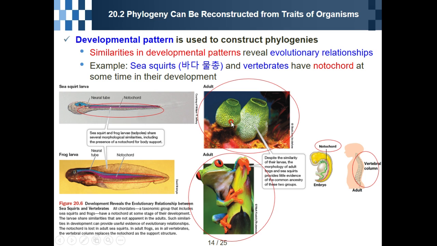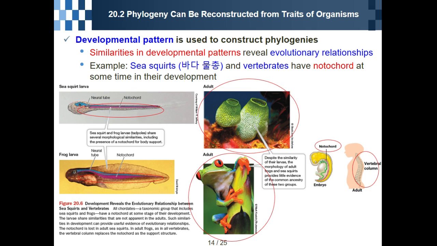So based on morphology, for example, this is A, B. Maybe they are far away from each other. Maybe this is C, like this. This one becomes the sea squirt. This one becomes the frog, like this.